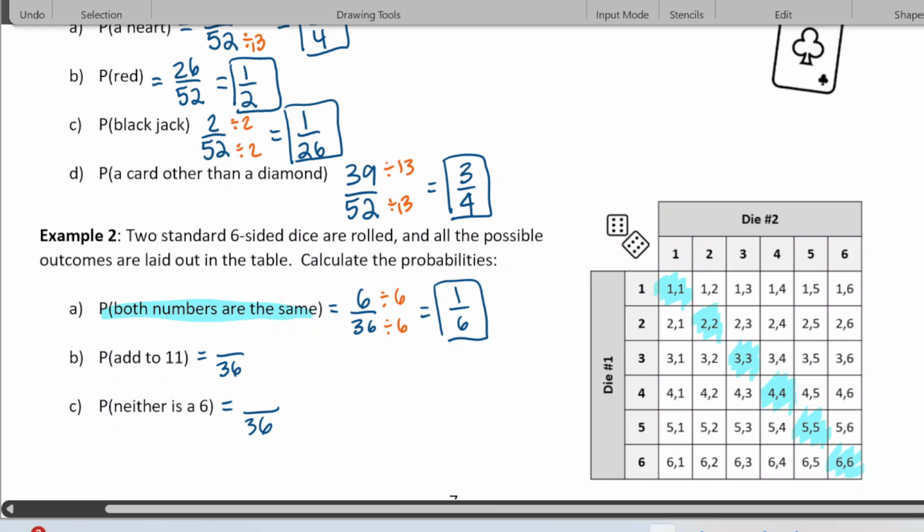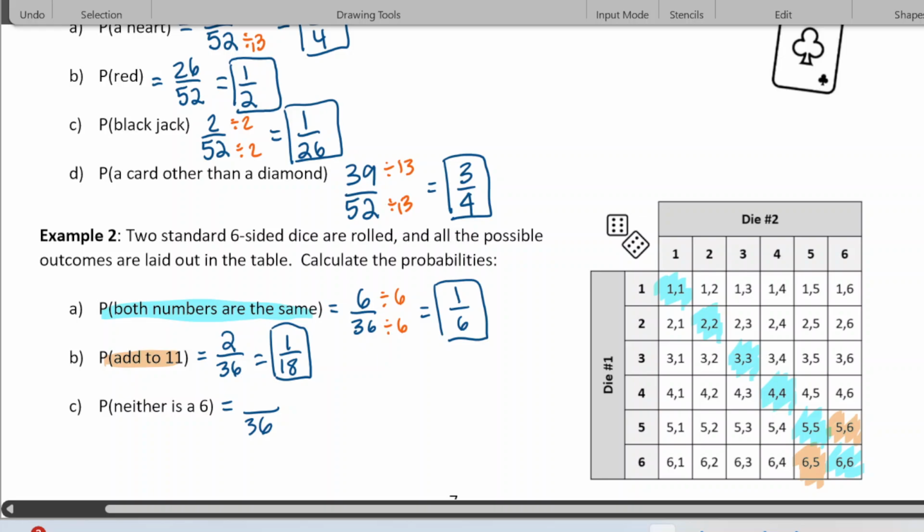Okay. Add to 11. Let's do that one in orange. So 5 and 6 adds to 11, and so does 6 and 5. There's only 2 ways to get 11, a sum of 11. And when we reduce that by dividing by 2, we get 1 out of 18. So only 1 out of 18 rolls, you're going to have a sum of 11. Neither die is 6.